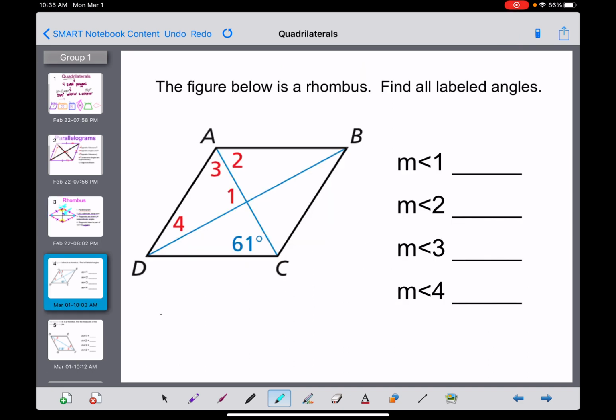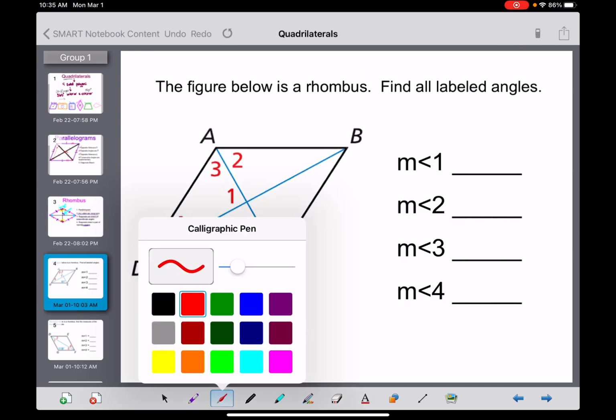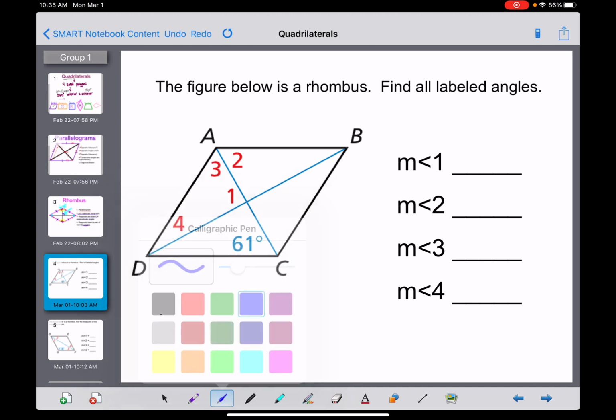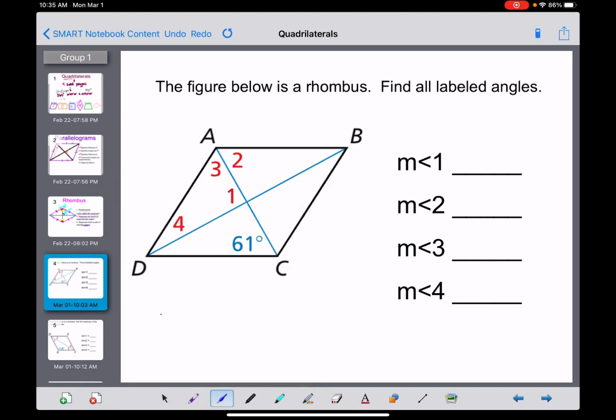So I'm going to start then with angle number 1. Angle number 1 is the intersection of the diagonals, which means that angle number 1 is a 90-degree angle because the diagonals' intersection is perpendicular lines, which means that's 90 degrees.